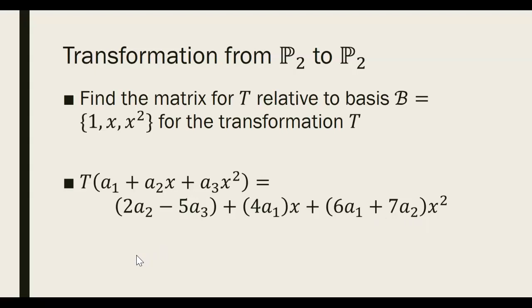All right? Now, I want you to go ahead and try to figure out what this is going to do. And once you figure that out, try to figure out what it does to each basis element. Try to come up with the matrix for the transformation relative to B, or the B matrix for T.